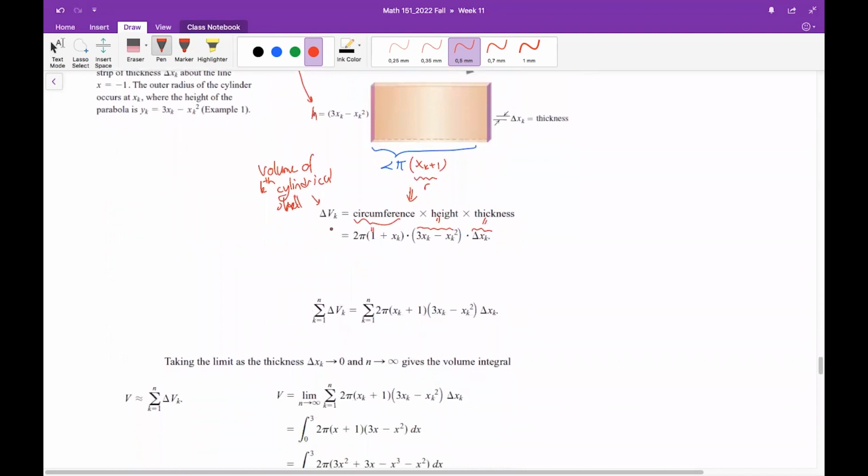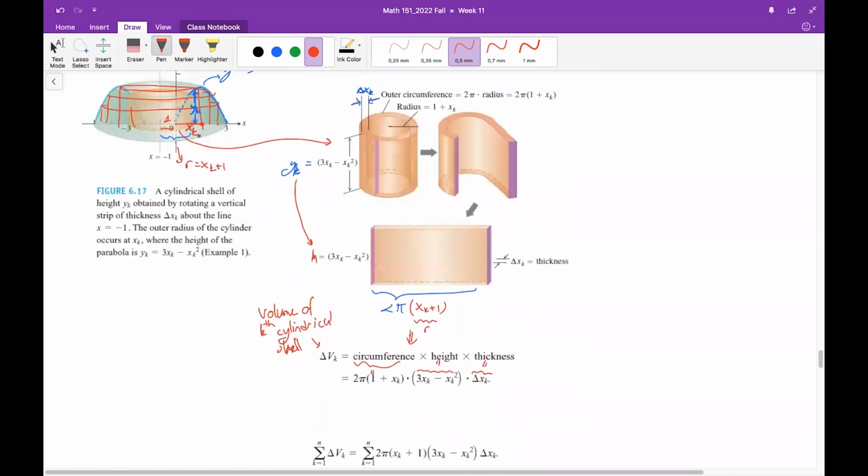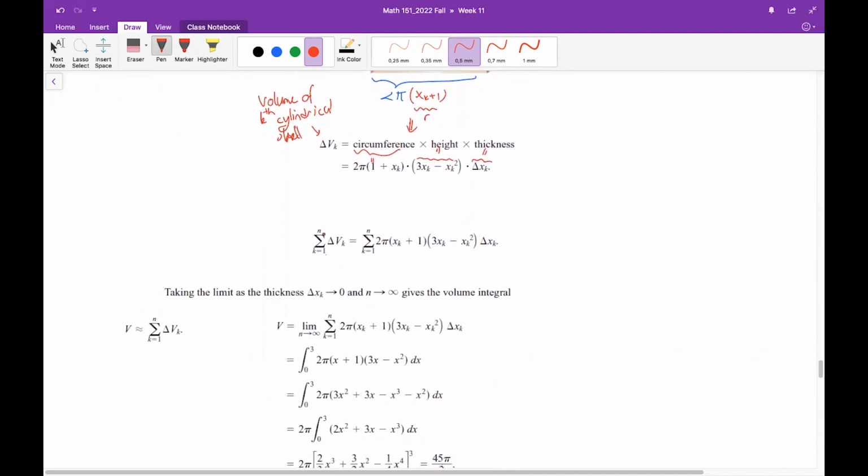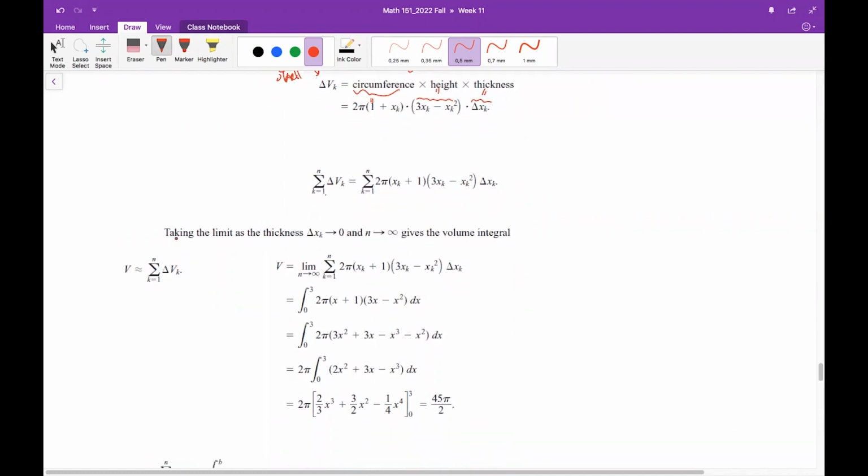And if you sum up all those volumes of the cylindrical shells, there are n many, because we are dividing this interval into n many sub-intervals. So from 1 to n, if you sum up all these cylindrical shells, you can try to cover the whole solid object. But see, as long as it is finite, like n, your volume is not totally covered.